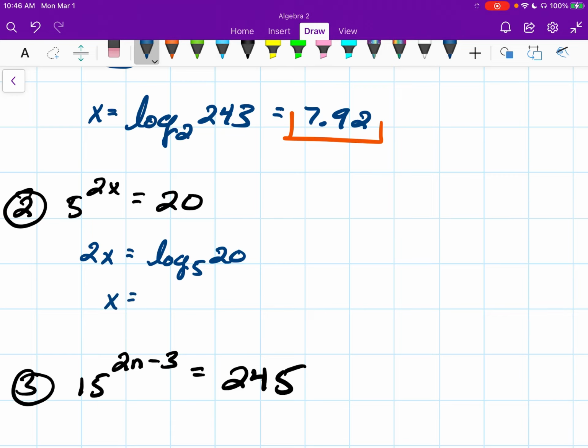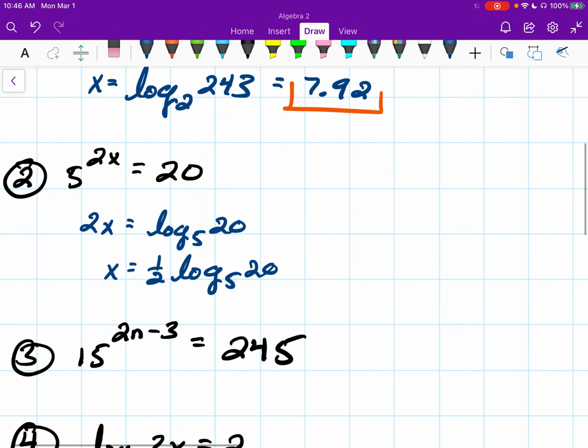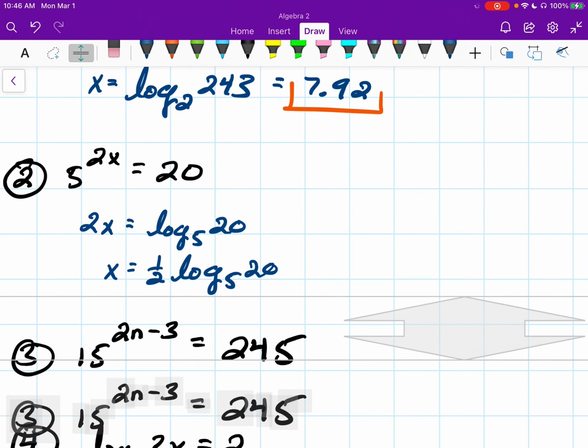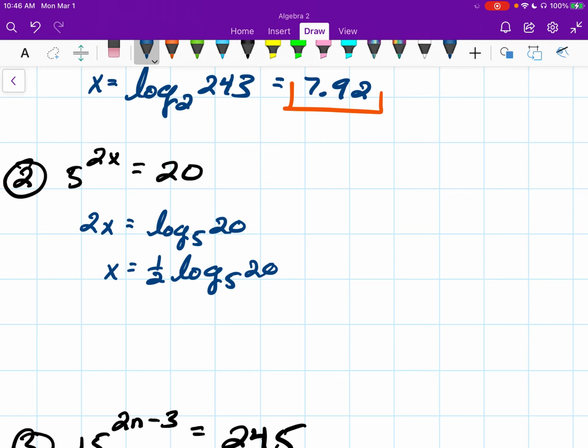So x is 1/2 log base 5 of 20. We'll just type it in just like that. We'll say 0.5 times log, and I'm going to find my log base button, 5 of 20, and I get 0.93.